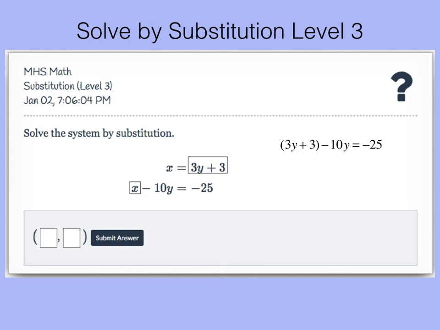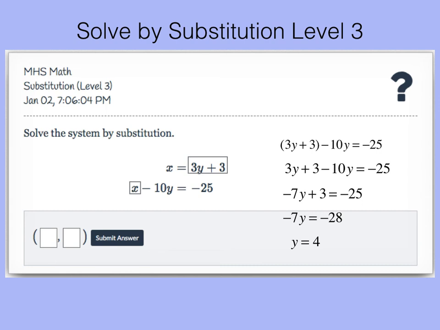Now notice we have an equation written in terms of y, so we do not need the parentheses in this case. We can combine like terms. Let's subtract 3 from both sides. And let's divide both sides of the equation now by negative 7, giving us y equals 4.